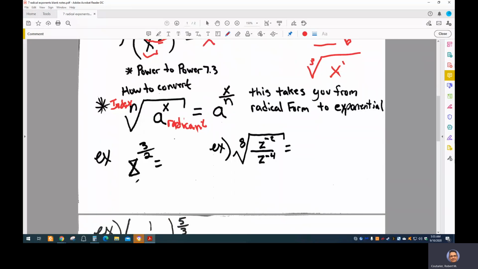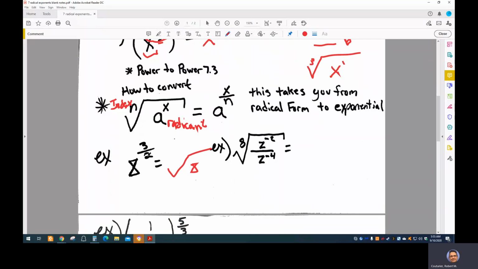So here is this symbol. Okay, they want us to translate or convert this into radical form. So I know I'm going to need the radical symbol. All right, and here is my base, this little hourglass. Great.